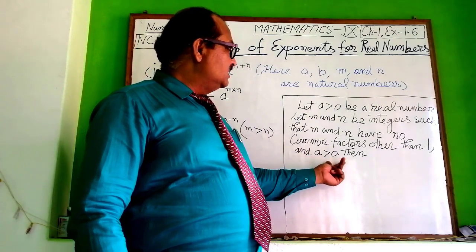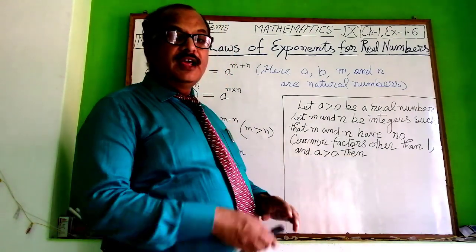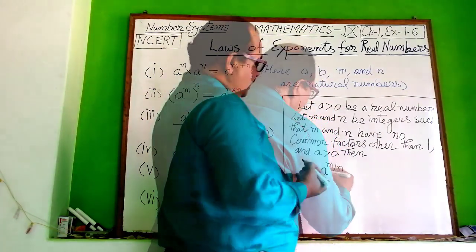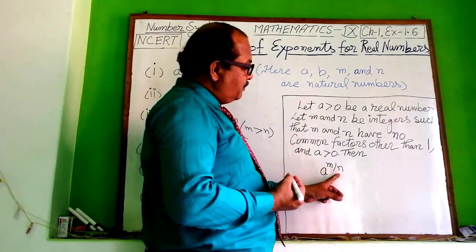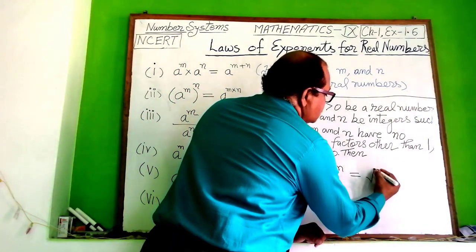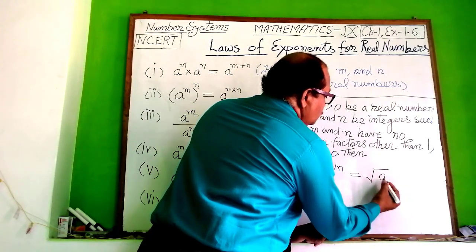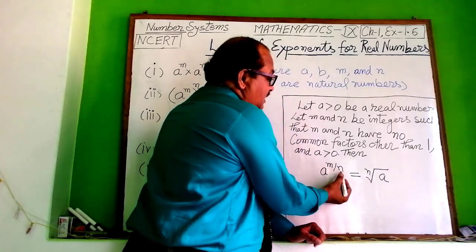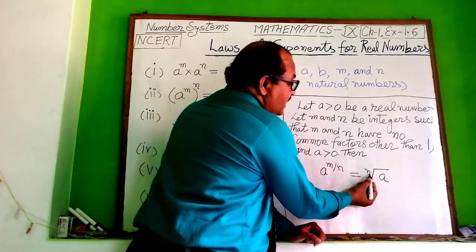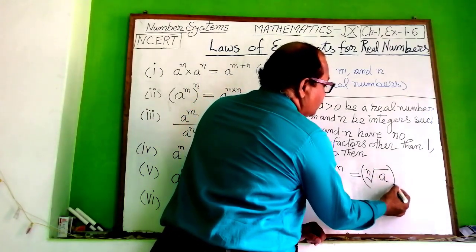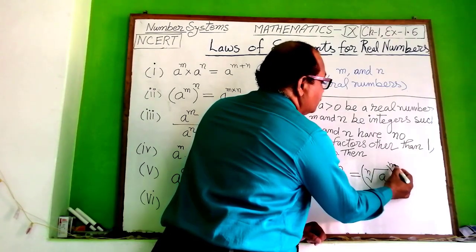And a is greater than 0, then what will happen? You can see, a raised to the power m upon n can be expressed as the nth root of a, where you write the denominator outside of the radical sign, and you can raise the power m.